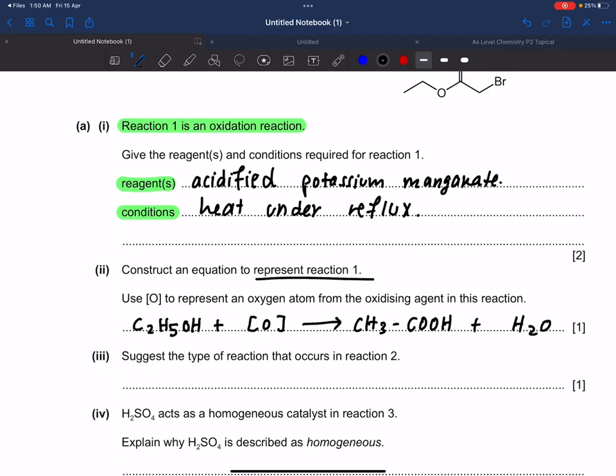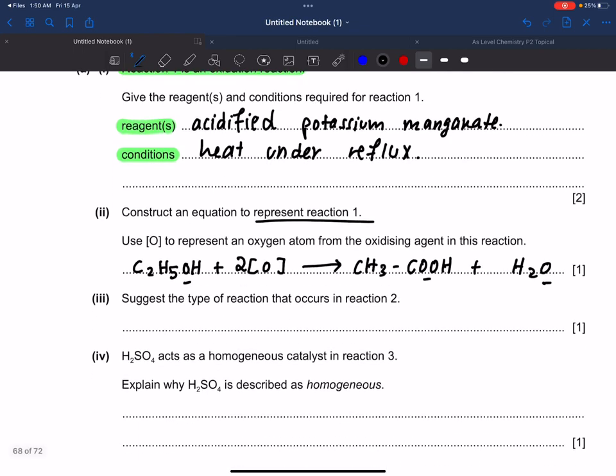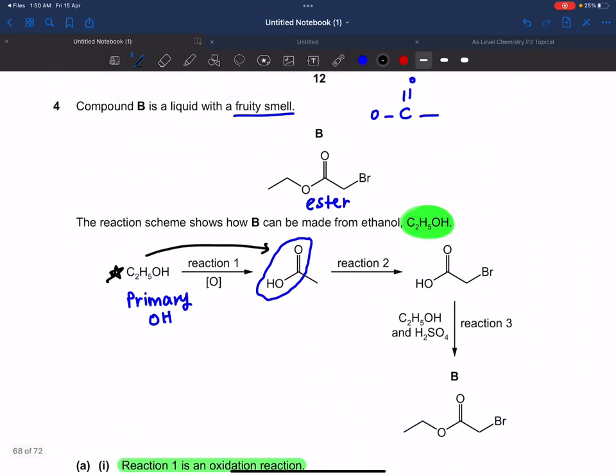So how many oxygens have been added? Actually 2 oxygens. There was one already here, so one is here and one is in the water. 2 hydrogens have been added. The hydrogens are already balanced.